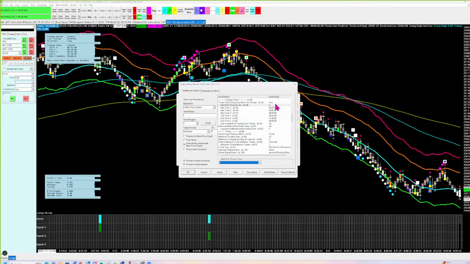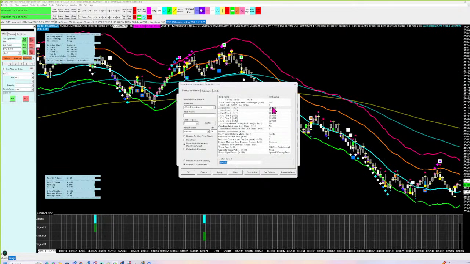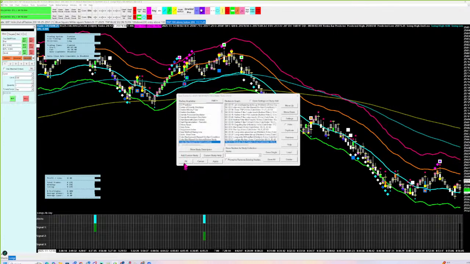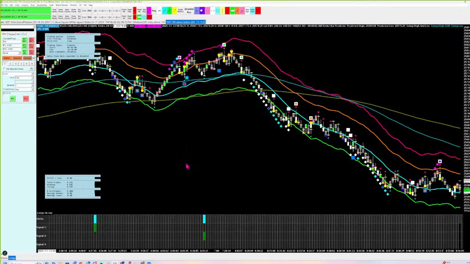So start time in 1 is 9:03, end time in 1 is 14:30. And yes, also if you're not monitoring it, make sure you have the mode 2 checked off.